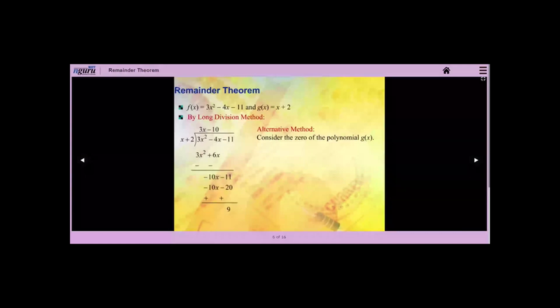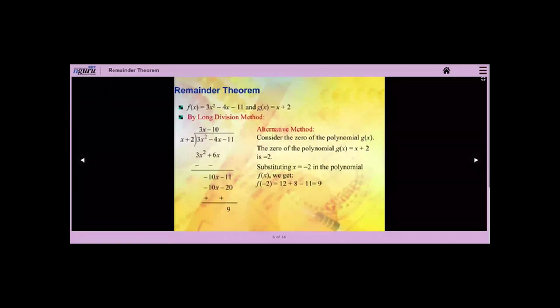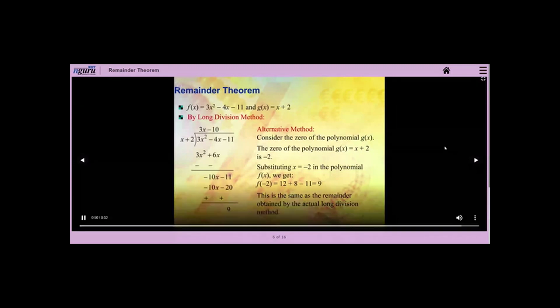The zero of the polynomial g of x equal to x plus 2 is minus 2. Substituting x equal to minus 2 in the polynomial f of x, we get f of minus 2 as 9, which is the same as the remainder obtained by the actual long division method. So using the remainder theorem, we can find the remainder without dividing.